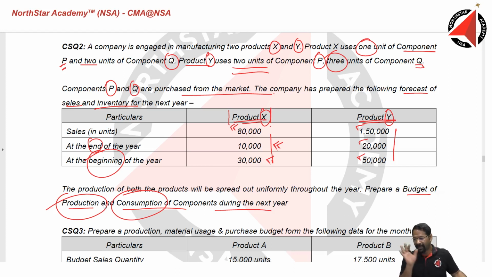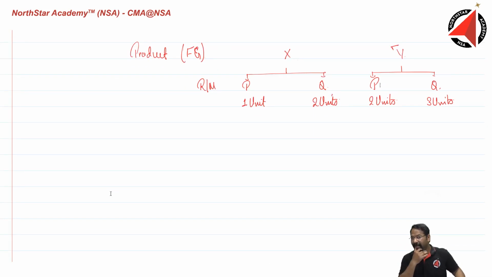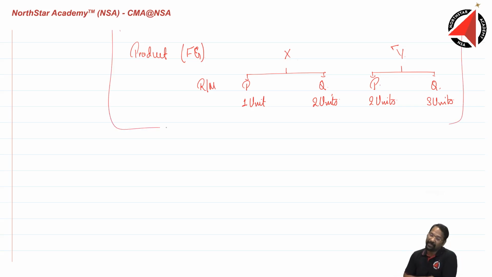All right, very good. Sequence has to be understood. So I want all of you to note down this working note, and then we are going to get into the question. So first one, preparation of sales budget.